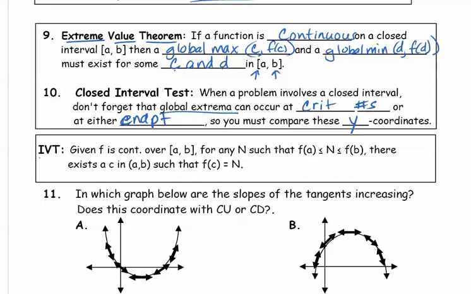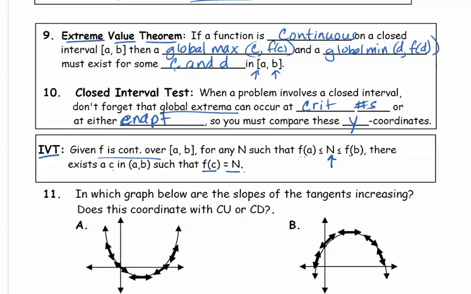All right, and just a quick reminder now that we have MVT, the mean value theorem, and EVT, the extreme value theorem, to remember that earlier in the year we had IVT, the intermediate value theorem, and it said if f was continuous on an interval, then for any target number n between the y coordinates of the two endpoints, there has to be some place in the open interval where you hit that target value.